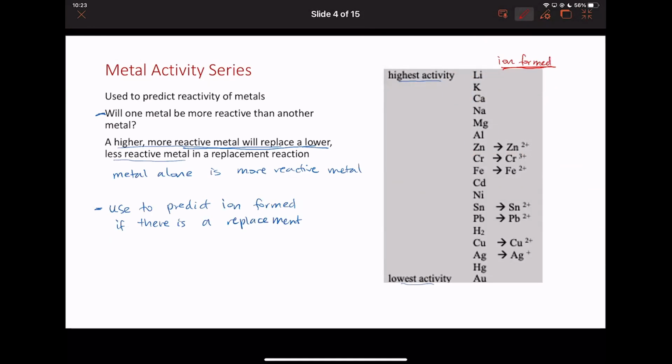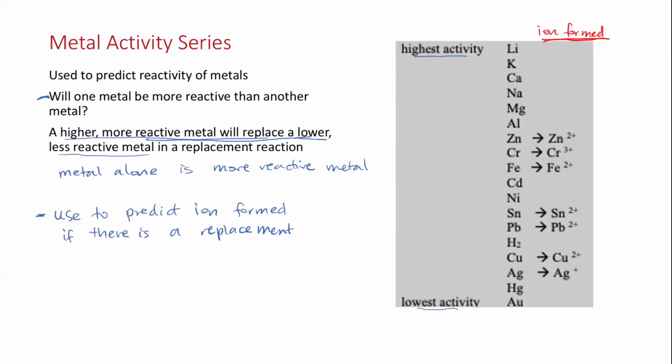Why? Because for the other metals you can predict the ion formed by the family number. If it's 1A, 2A, or 3A, that will tell you if the ion charge is +1, +2, or +3. So use the family number from the periodic table.